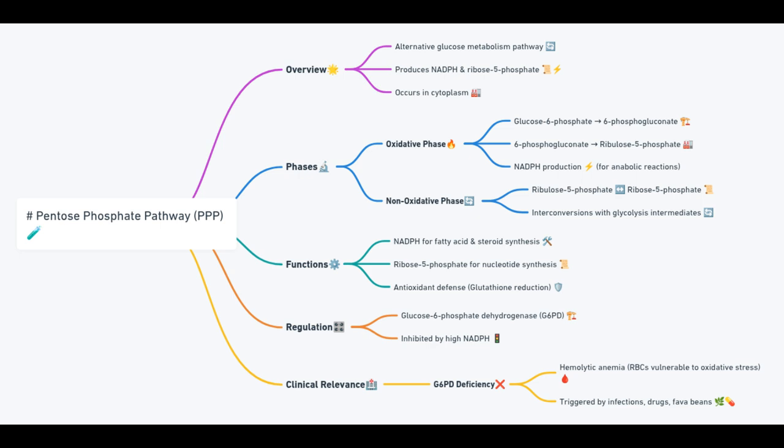So the peroxidation of the RBC membrane lipid increases the membrane fragility, leading to hemolysis. And you can think of the hydrogen peroxide also leading to methemoglobin and degradation or hemolysis.